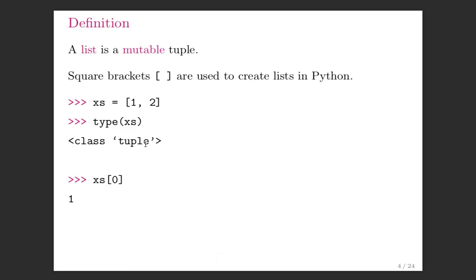I can ask for the element at the 0th position, and that will say 1. And now I can change it. I can say that the value at the 0th position is twice the value at the 1st position. So if I ask for the value of xs at 0, what should this be? 4. Perfect.